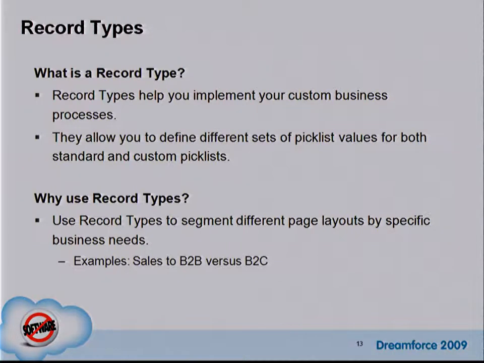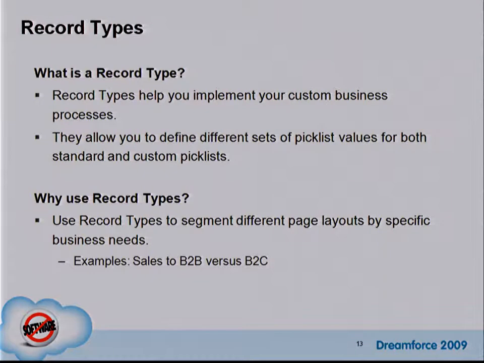So we can actually create something called a record type. So when someone goes to create an opportunity, it simply says, well, what kind of opportunity do you want to create? And we have a record type defined. I want to create a business to business. Well, that'll streamline the process. Now when I say there's a record type called business to business, it will say, okay, you want to see the business to business page. I will show you that page.